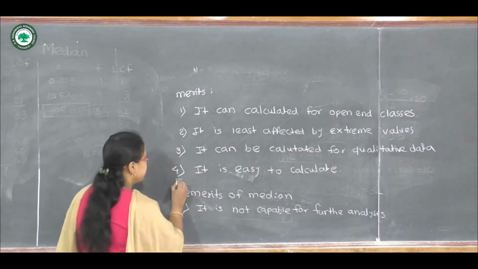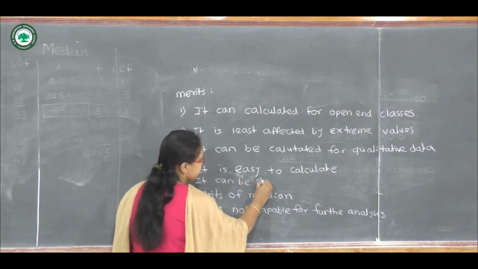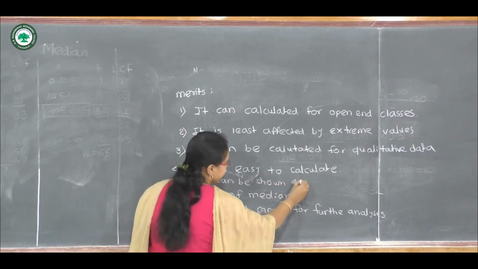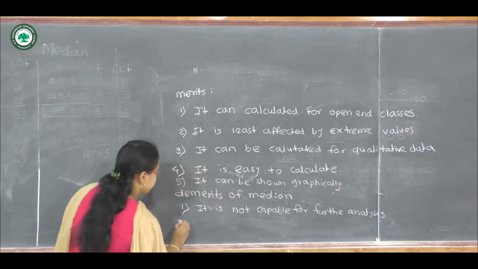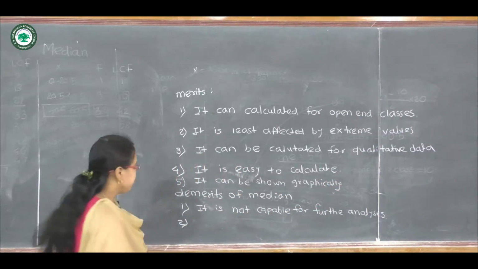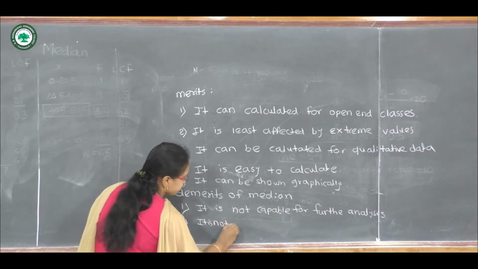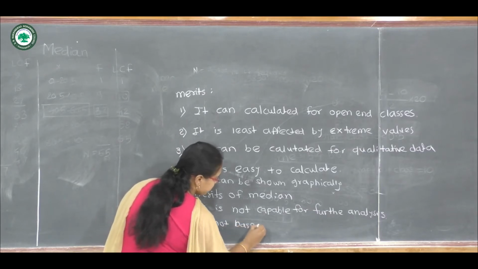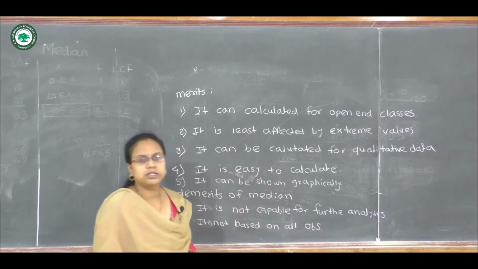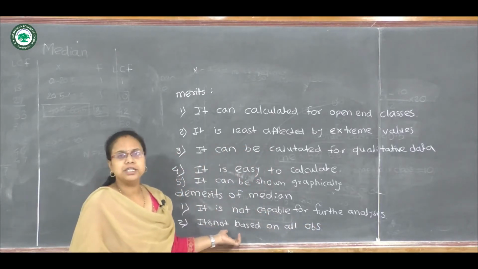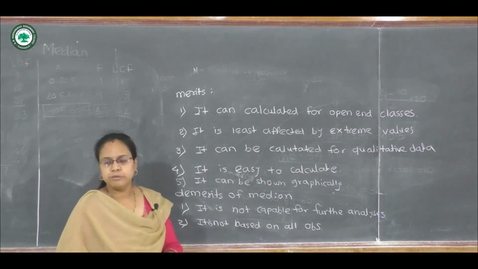One of the merits is that it can be shown graphically. And among the demerits we can write it is not based on all observations, so it is not a good representative of the data. So these are the merits and demerits of median.